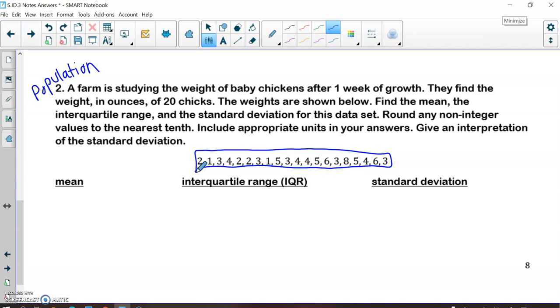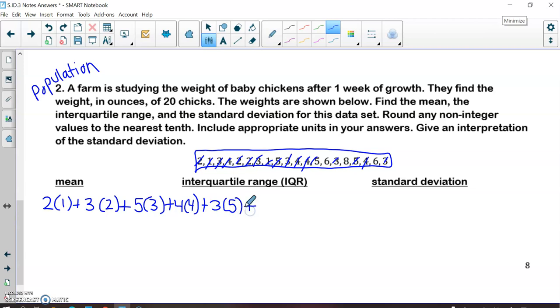In fact, I will write it down. So we have 2 1s. So I'm going to do 2 times 1 plus, I have 3 2s, so 3 times 2, plus 5 3s, plus 4 4s, 3 5s, 2 6s, and 1 8.